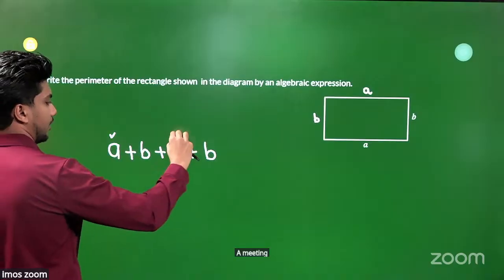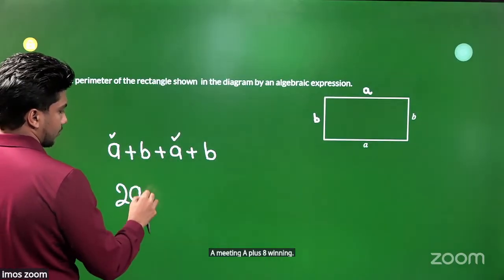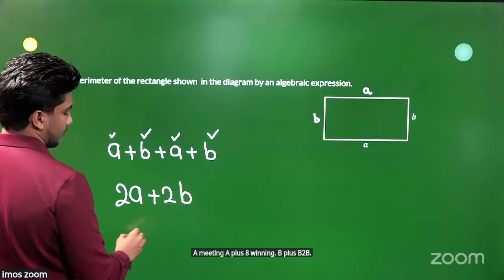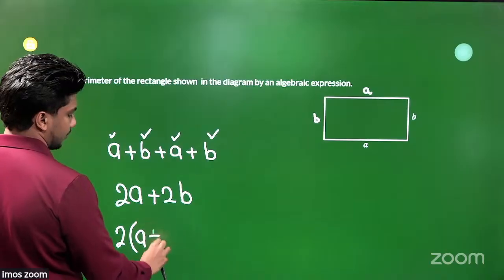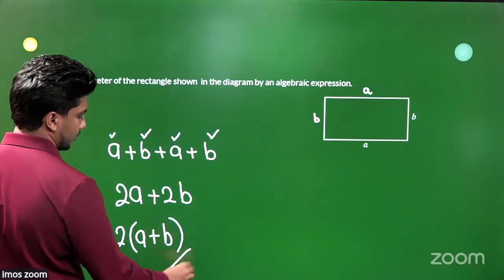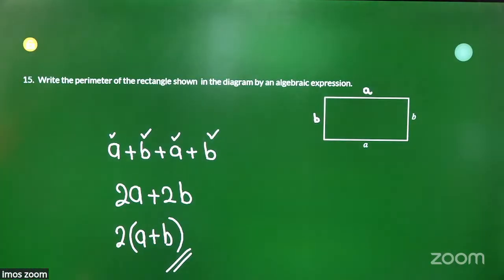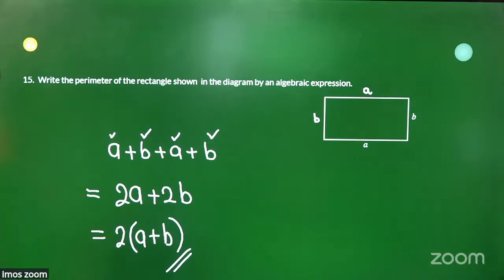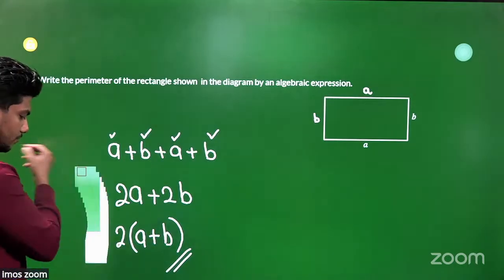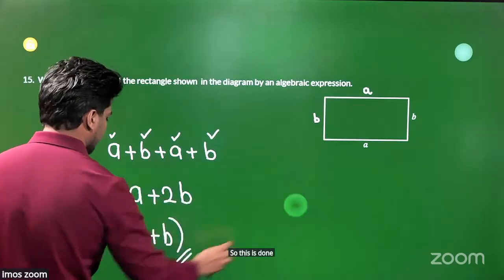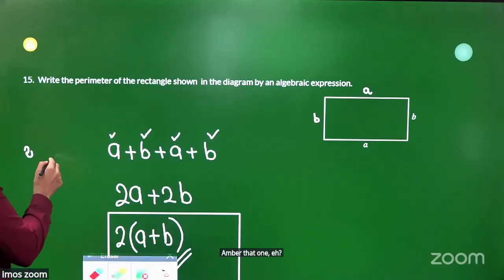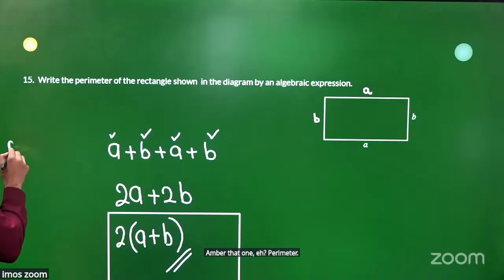A plus A is 2A, B plus B is 2B. If we take 2 outside, twice of A plus B. So this is the answer. Perimeter.